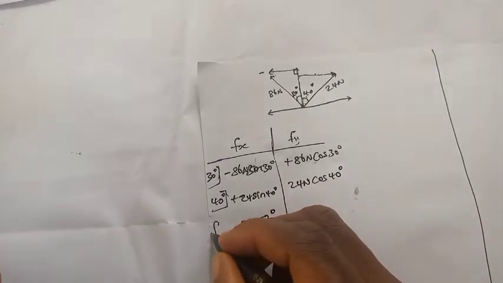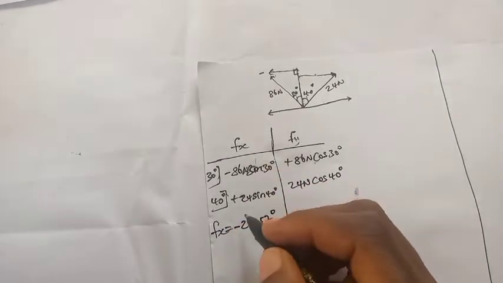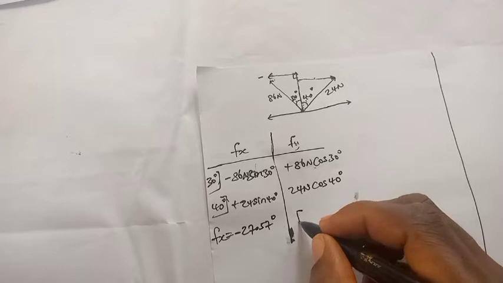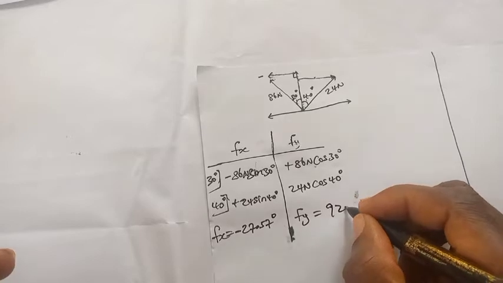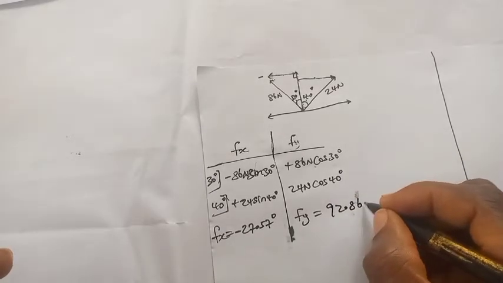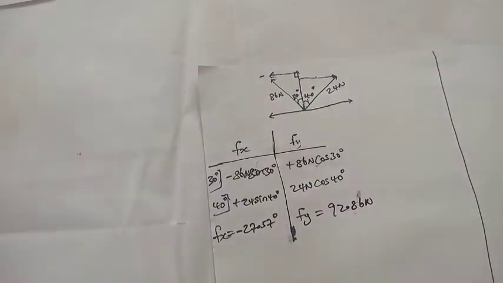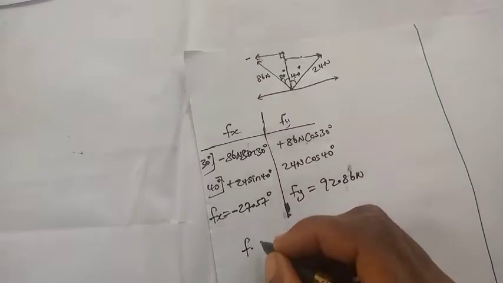That's the total horizontal component. Then total vertical component is going to give us 86 cosine 30 degrees plus 24 cosine 40 degrees, and then we have 92.86 Newton.